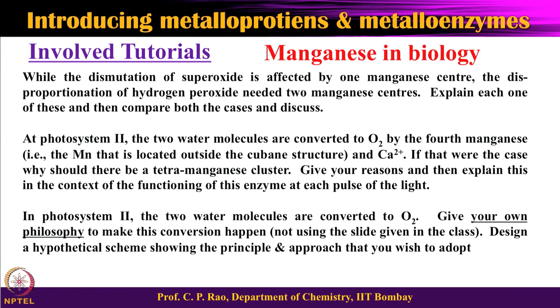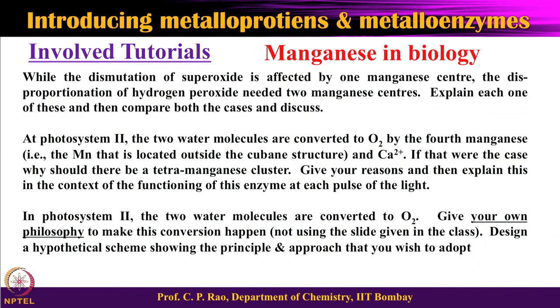How many electrons in superoxide dismutase? 1 electron. How many electrons in peroxide? 2 electrons. Therefore, you have one metal center in superoxide dismutase, which can take care of the 1 electron, and 2 electrons have to be taken care of. Therefore, you have 2 manganese centers, and that is what will happen. Both the electrons can be transferred simultaneously.